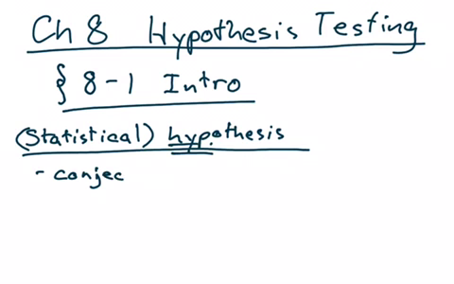Conjecture. What does that mean? That's just a guess. Perhaps it's an estimate, perhaps it's saying that an estimate is or is not accurate. But whatever it is, it's a conjecture about a population parameter.